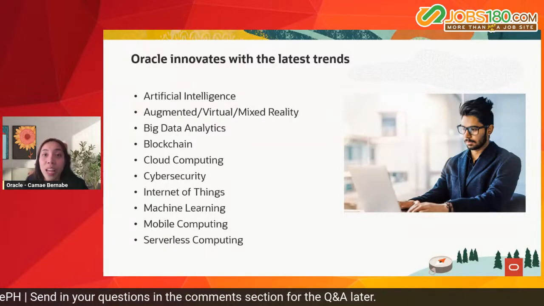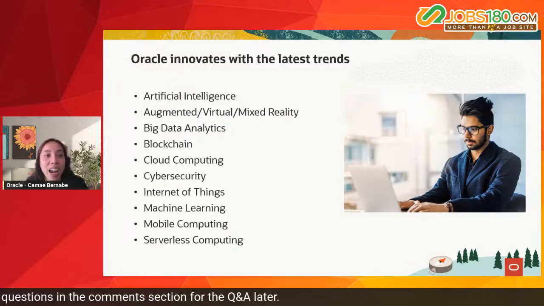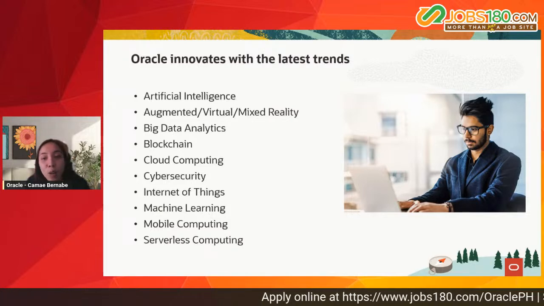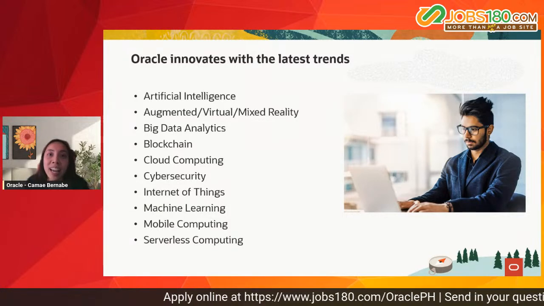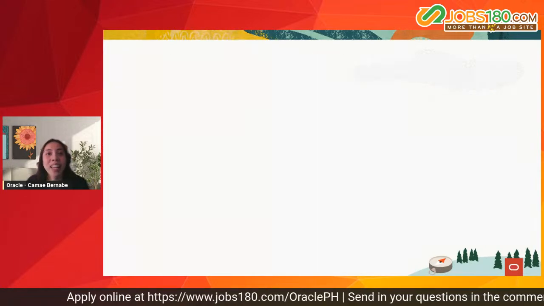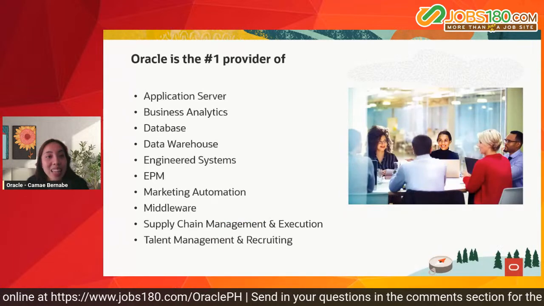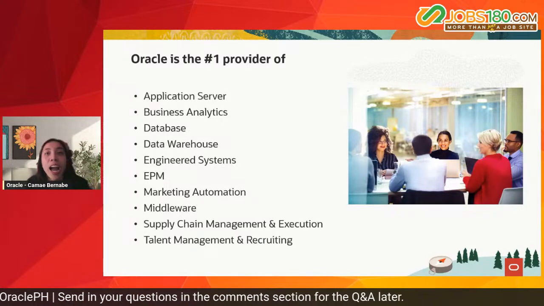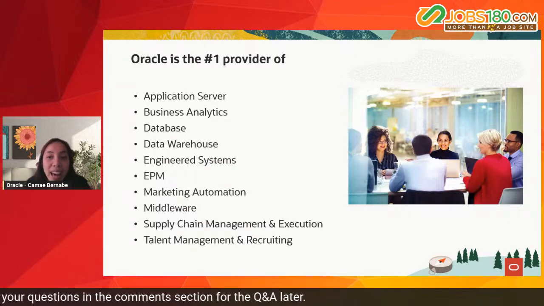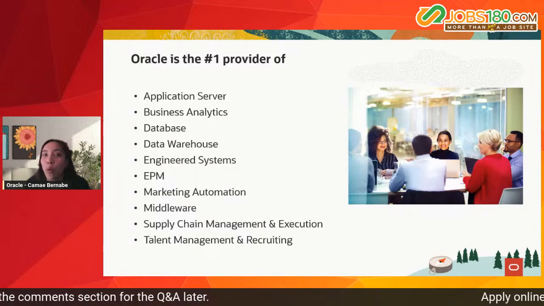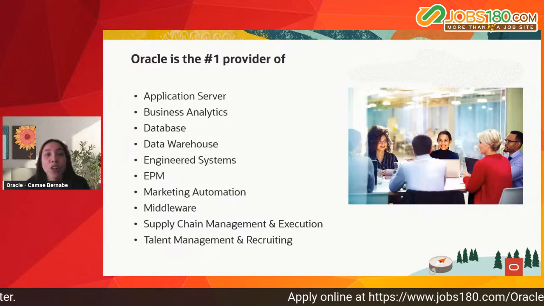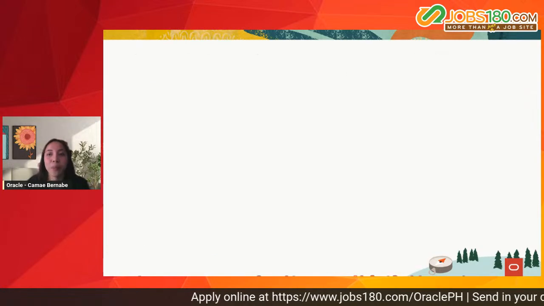We continue to innovate with the latest trends in the areas listed here, such as artificial intelligence, blockchain, cloud computing, cybersecurity, etc. Let's break this down further and see that Oracle is the number one provider of business software, application server, business analytics, database, and a whole lot more. We have a broad portfolio of solutions for companies across all industries.